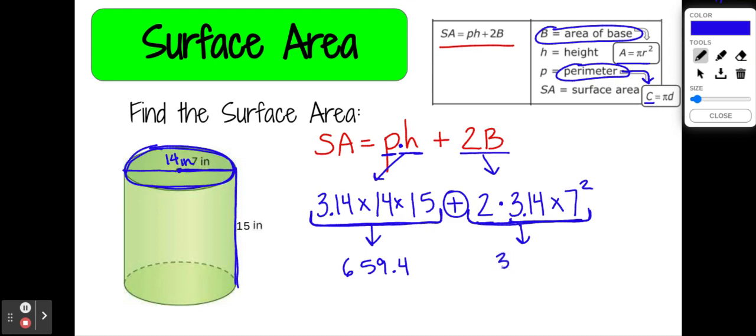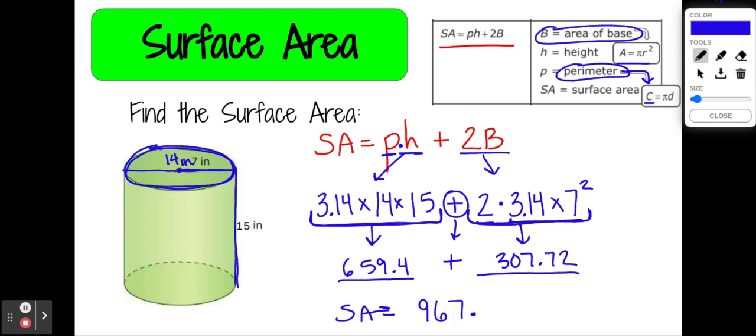That's going to give me 307.72. My last step is to add them together, and this is going to give us the total surface area. Surface area equals 967.12, and this is area, so I'd have inches squared. That's the total surface area of the cylinder.